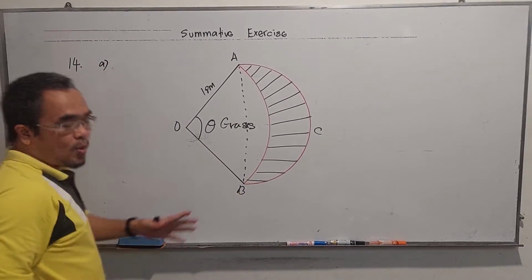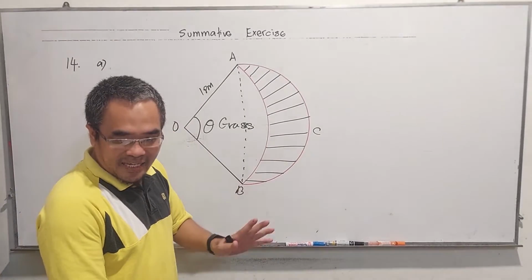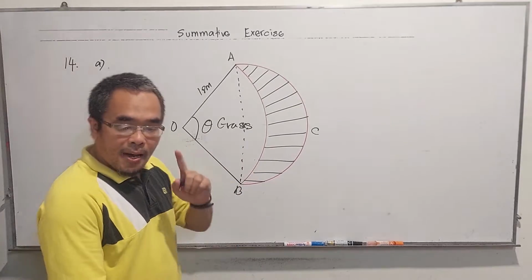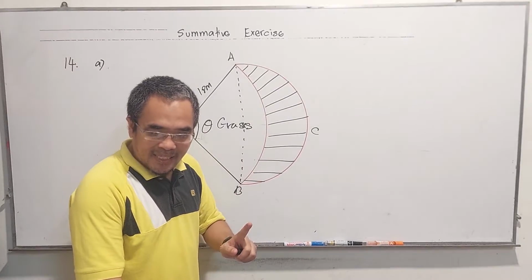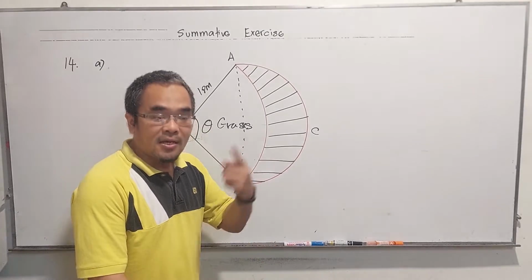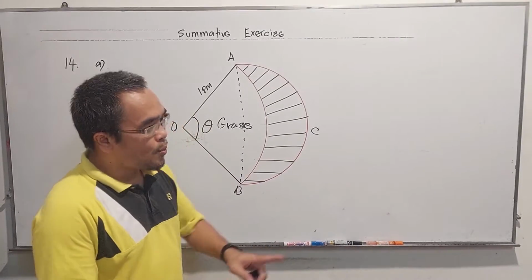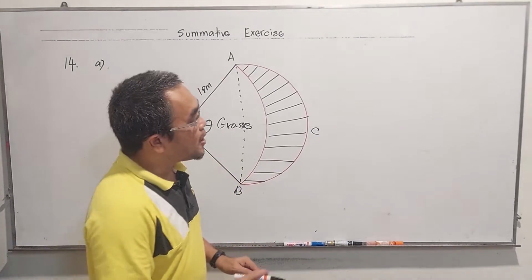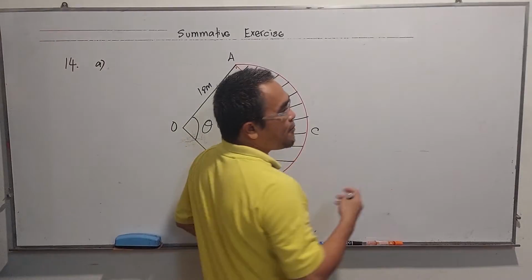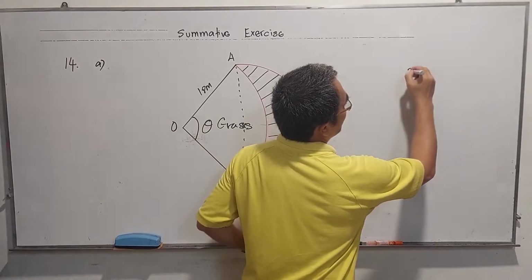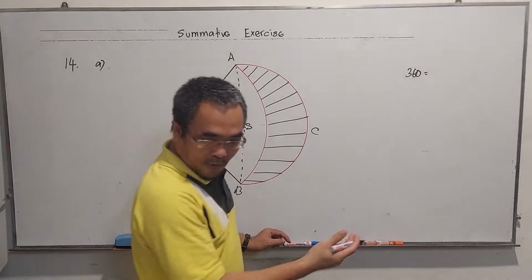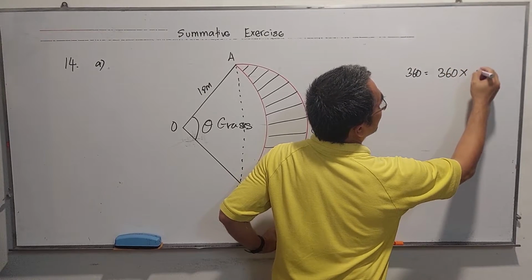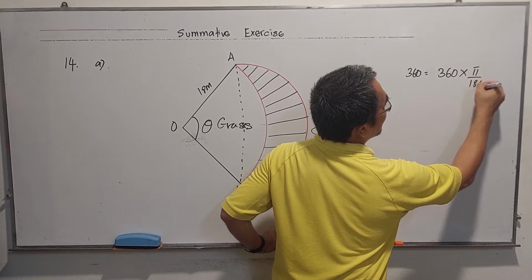Okay, so this is the first time that you heard the word radian. Before I discuss this, you have to understand that apart from angle in degrees, there is angle in radian. How do we change from degrees to radian? If we have 360, to change from degrees to radian is 360 times pi over 180.